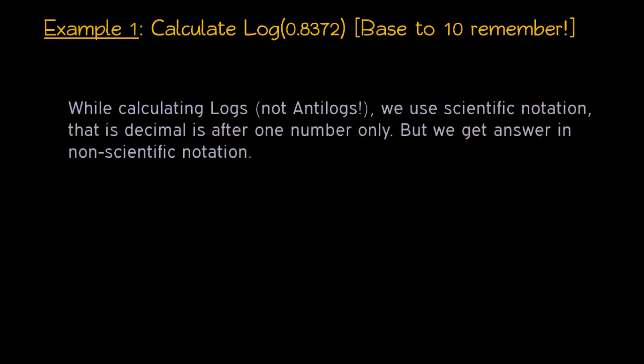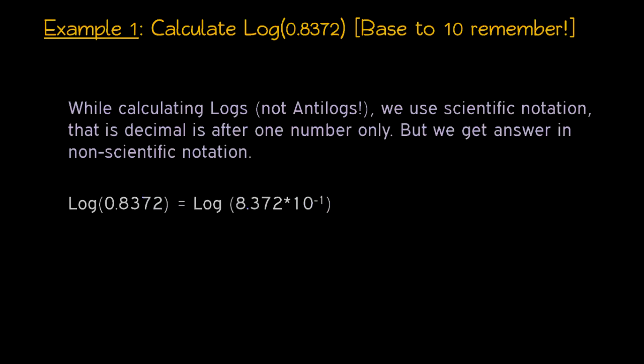While calculating logs, I was quite confused, so I decided to create a sort of rule. Before considering the log table, just make the number in scientific notation, like write it as 8 point something. The decimal should be after only one number, and the rest you can take to the 10 raised to power.